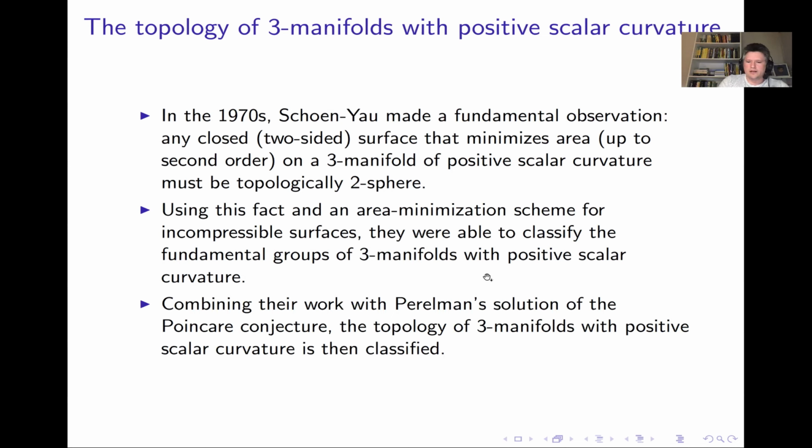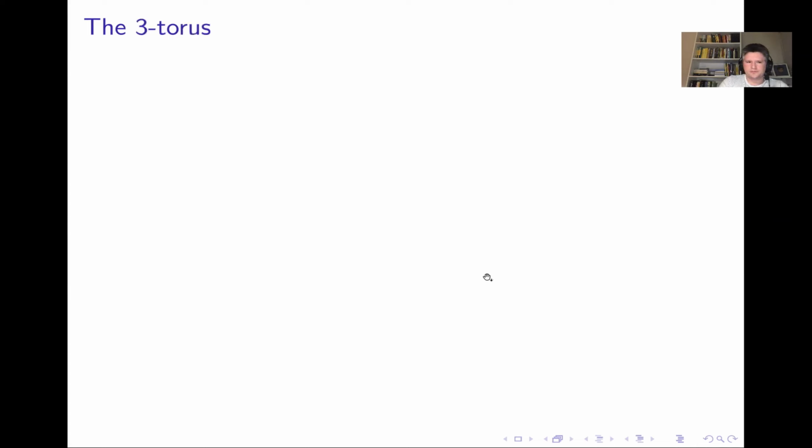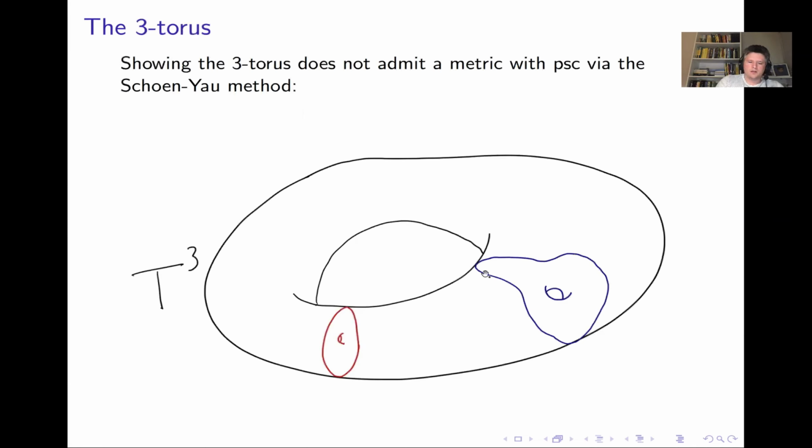So I'll do that in the case of the three-torus. So suppose we have the three-torus and we have a metric on it, right? And basically what we do is we take a two-torus inside that three-torus, and we look at how the fundamental group of the two-torus maps into the fundamental group of the three-torus.